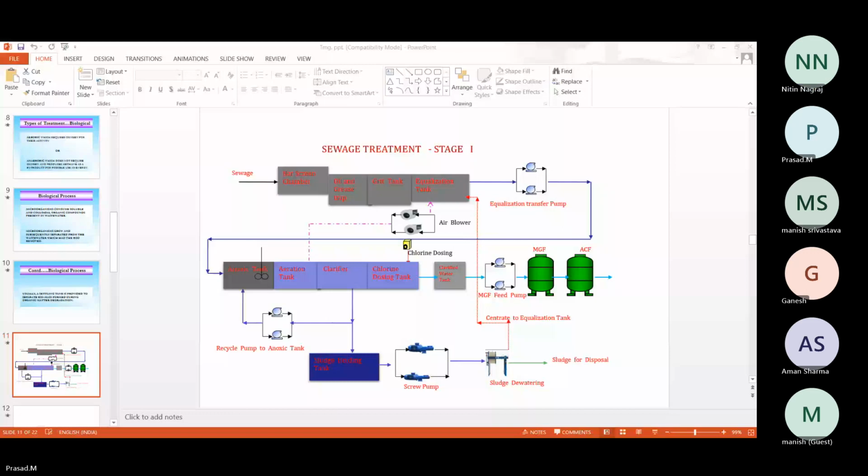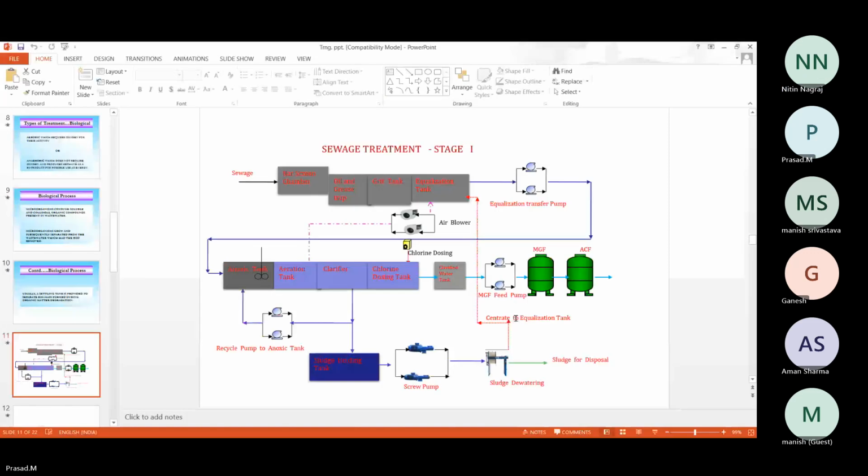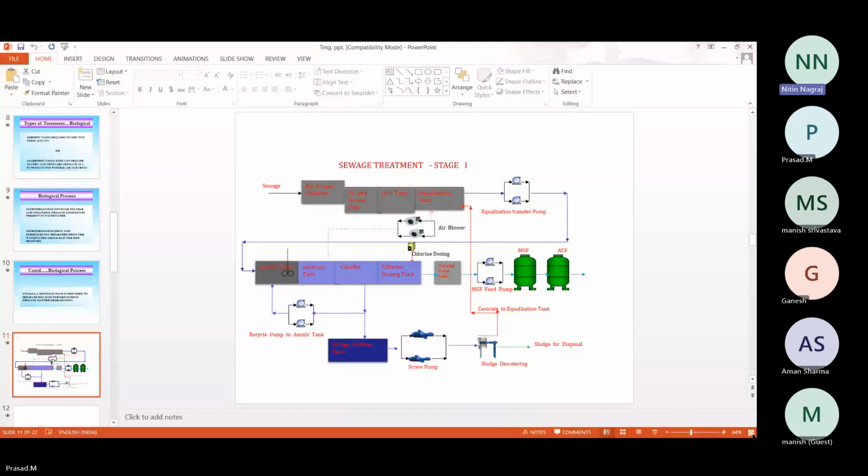Process flow diagram now. Hello. Yeah. Are you able to see the process flow diagram, right? Yeah, it is there, but this is a PowerPoint presentation, no?